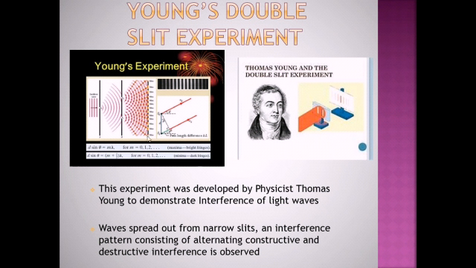This path difference d sine theta will be equal to m lambda, where m is an integer 0, 1, 2, 3 and so on, and we will get bright fringes in this case. When the path difference is (m plus half) lambda, we get dark fringes.